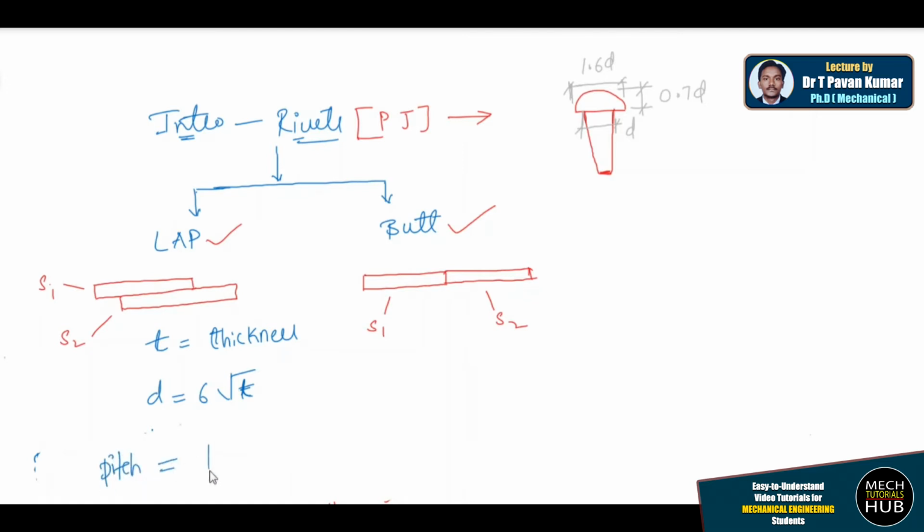Pitch is represented with P, and that is equal to 3D, 3 into diameter. Diameter you can calculate with respect to this formula. Pitch will remain the same for both butt and lap joints. The difference is that whenever we deal with a butt joint, we need to consider straps.